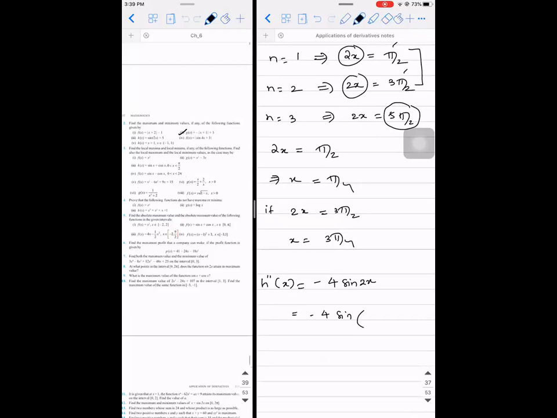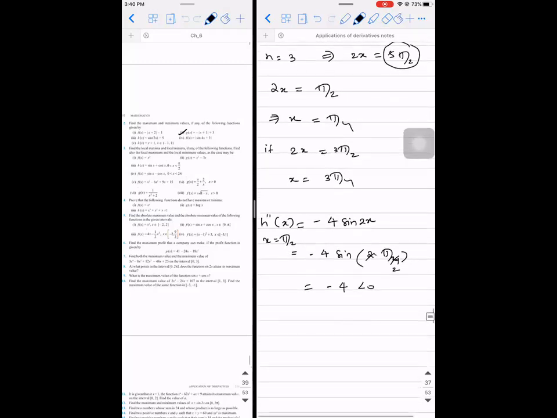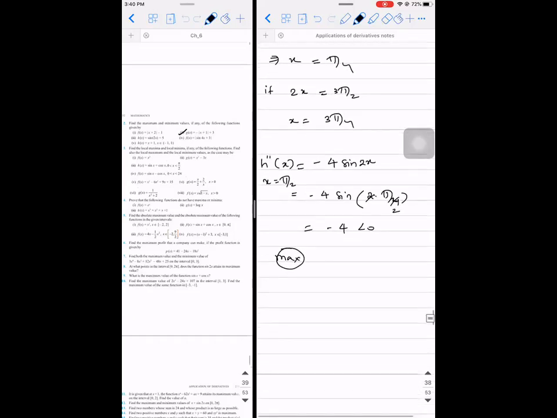So at x is equal to pi by 4, what will happen? Minus 4 into sine of 2 into pi by 4. So it will be minus 4, which is less than 0. So is this going to give you maximum value or minimum value? h double dash of x is less than 0, so maximum. Maximum value. At x is equal to 3 pi by 4, what will you get?